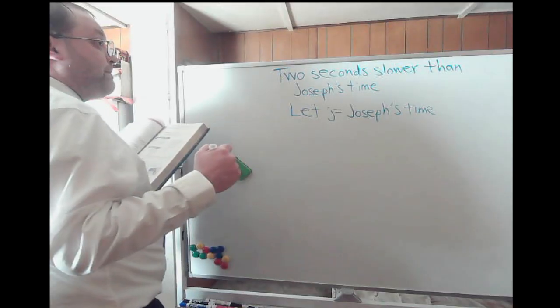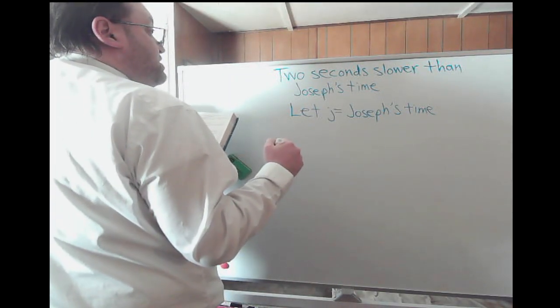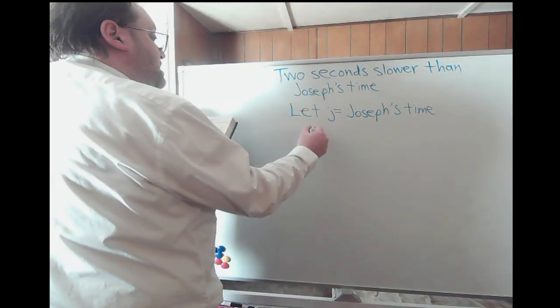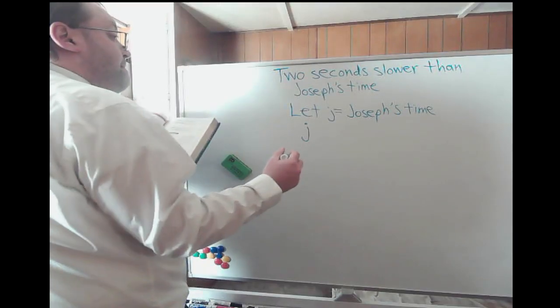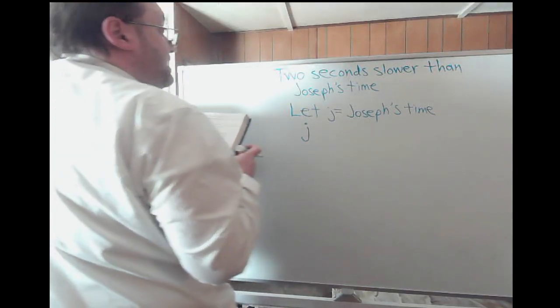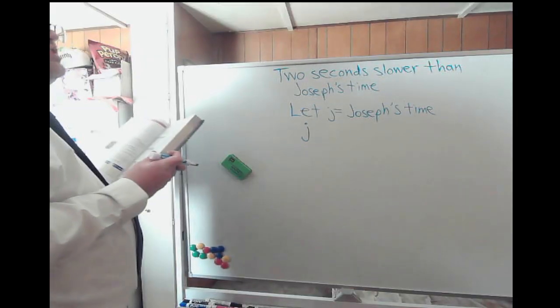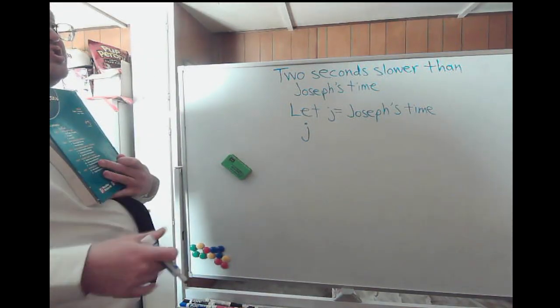So slower is going to be j. Now if it's slower, it took 2 seconds longer. That's where they trick you, because slower means it actually took them longer.